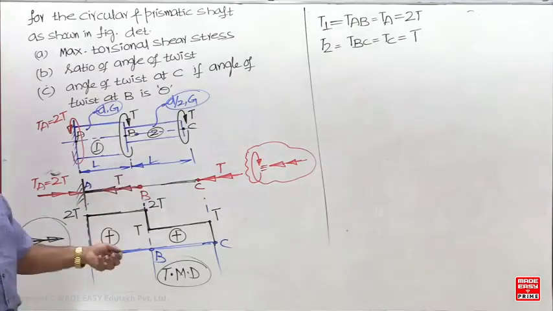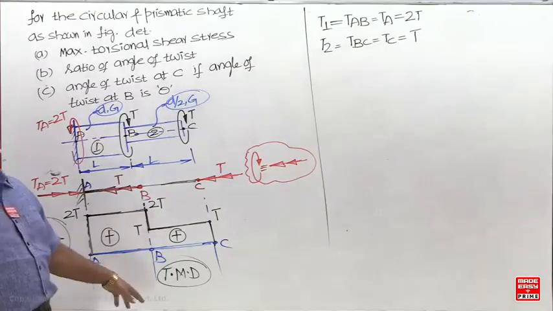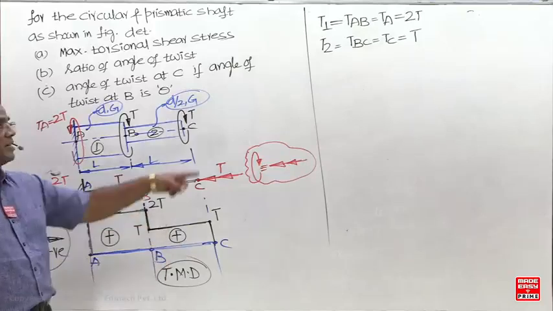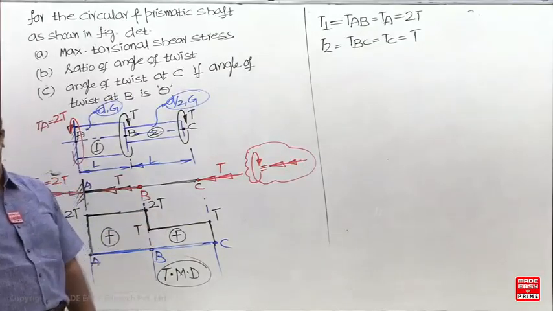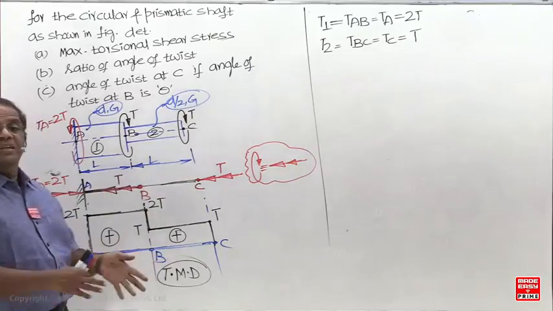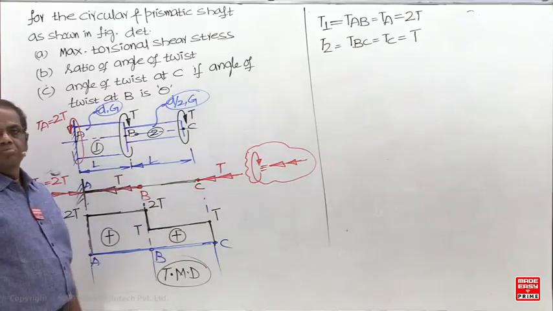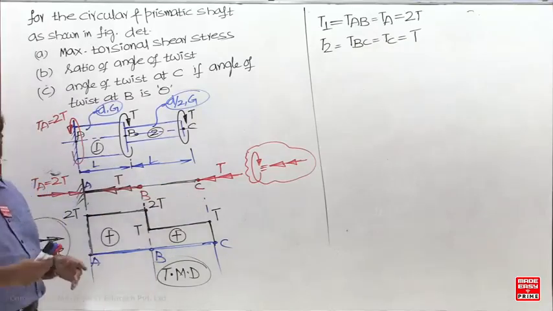In place of PL by AE, I have to use TL by GJ. But this is optional. If you want, you can draw it. Otherwise, directly you can tell it: axial load on any member equals axial load at the non-junction. Same concept. The diagram is compulsory when three shafts are there. Or if anybody wants the shortcut method, you can use it. Same thing.